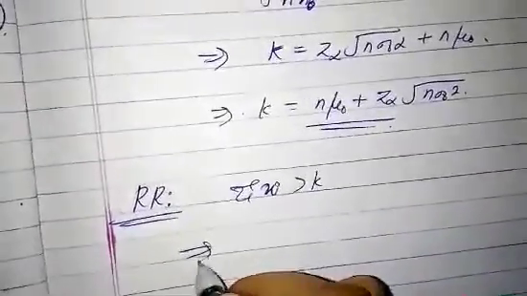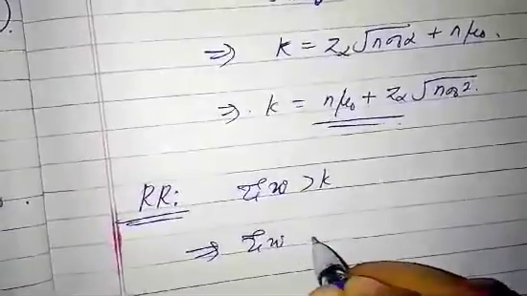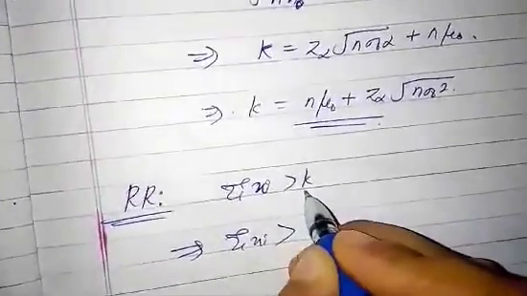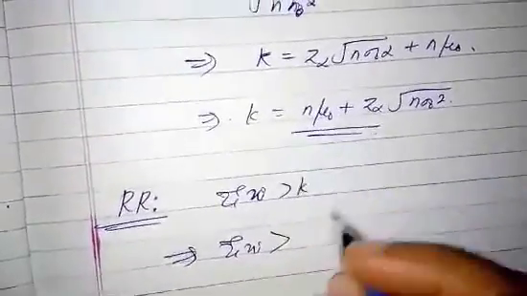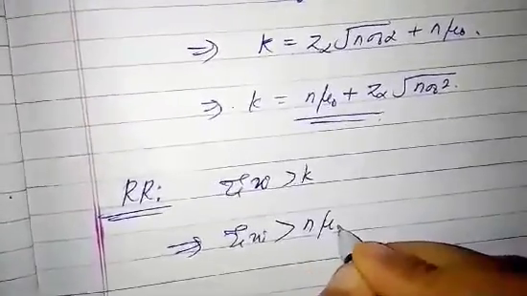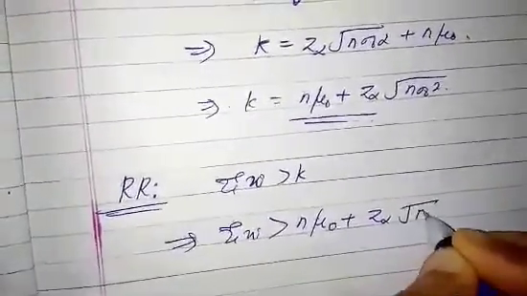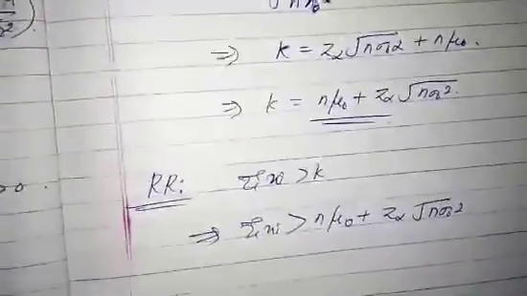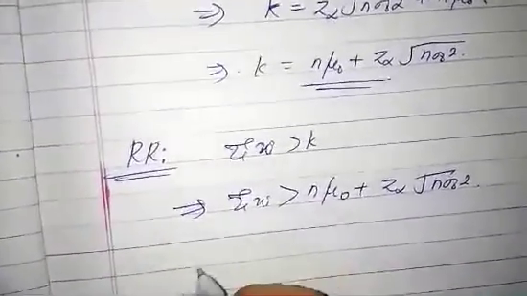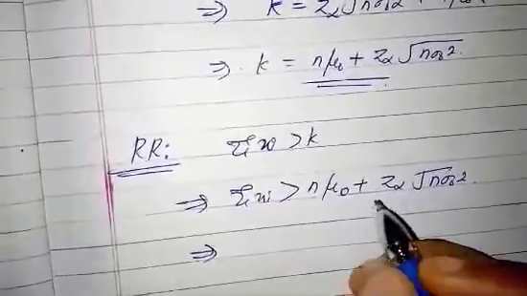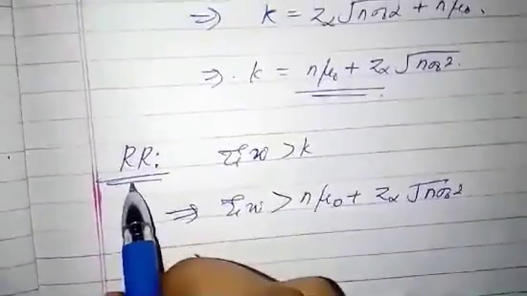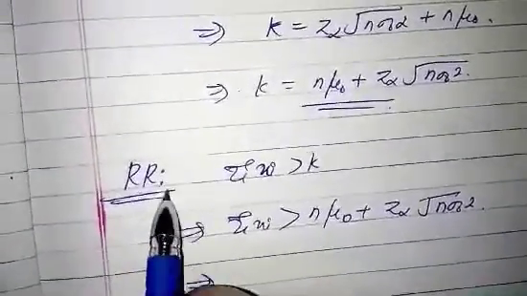So this implies that summation xi is greater than k. We know the k value, that is, k is n mu naught plus z alpha square root of n sigma naught square, right? Here we want to find the rejection region, the rejection value.